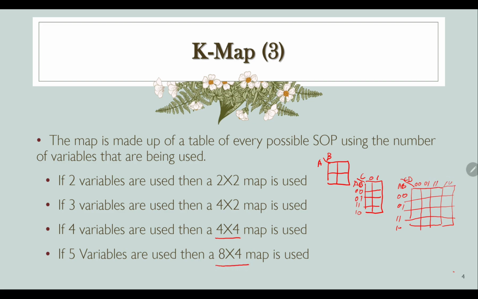If you have 5 variables, for example A, B, C, D, and E, you will have 8 times 4, like that. We divide them and divide by 4. Okay.